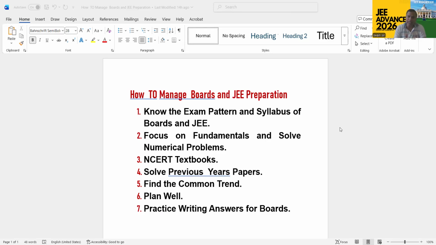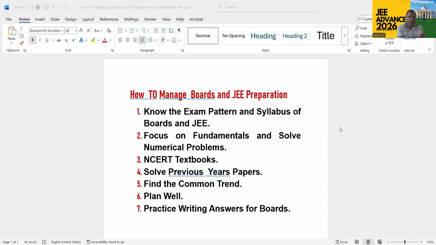And also section E contains the case-based questions, source-based integrated questions or any other types, objective type questions and short answer, long answer questions. Section B, C, D also contain 2 mark, 3 mark and 5 marks also. But JEE is mostly the conceptual understanding and application based skills through the MCQ and numerical based questions.